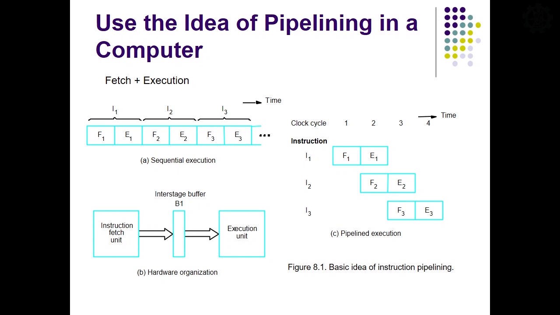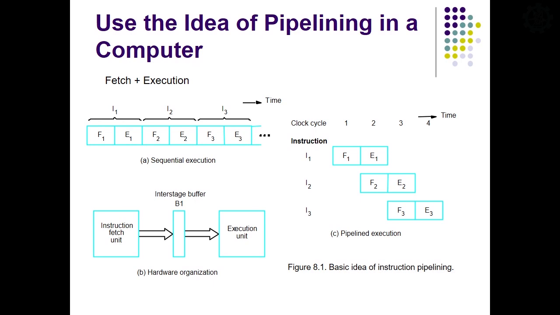I told you instruction execution has different stages or phases. Once I said instruction fetch and then execution. Fetching means it will take the instruction from the main memory and place it in the processor, and then it will execute.